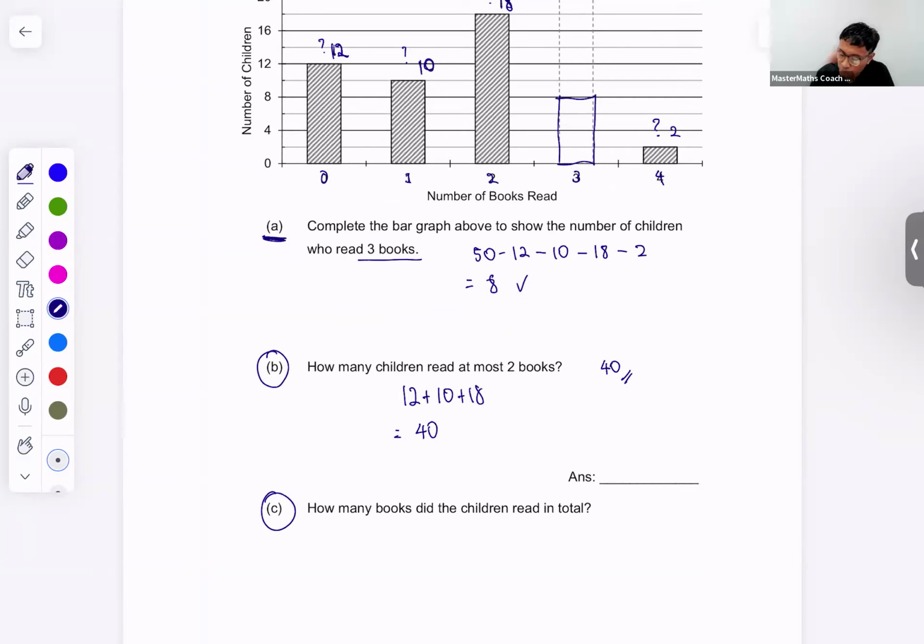Correct. So only 40 children read at most 2 books.